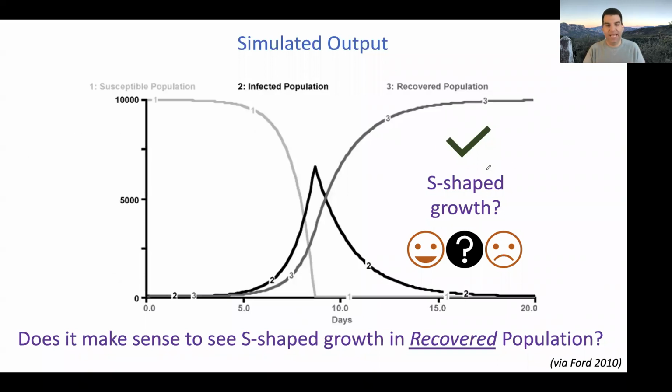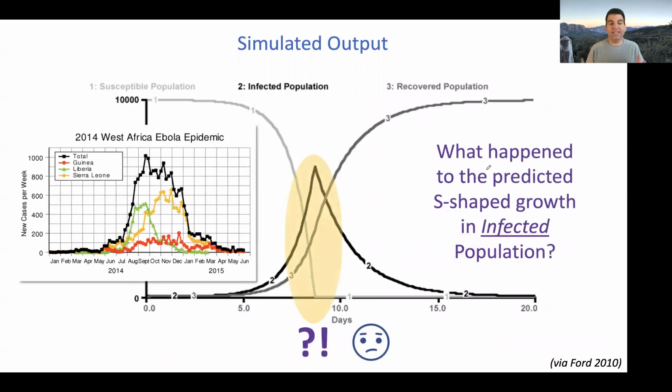So I was expecting S-shaped growth in the infected population because that's the one that had the reinforcing loop on one side of it and the balancing loop on the other side of it. And so the S-shaped growth here didn't seem to show up.